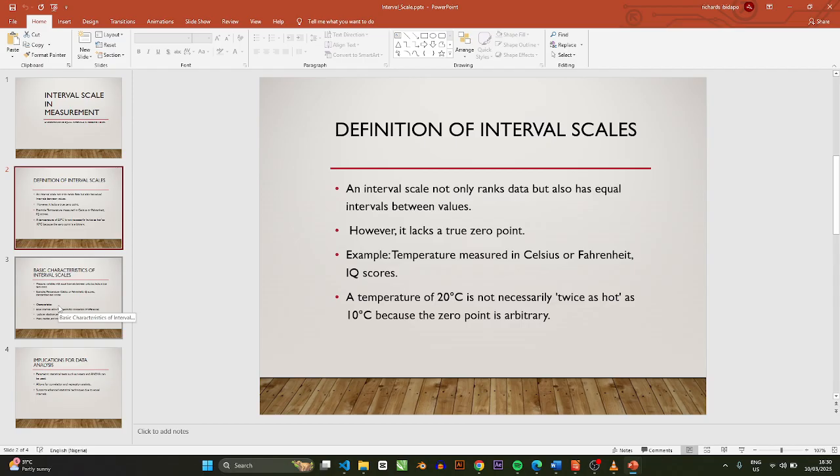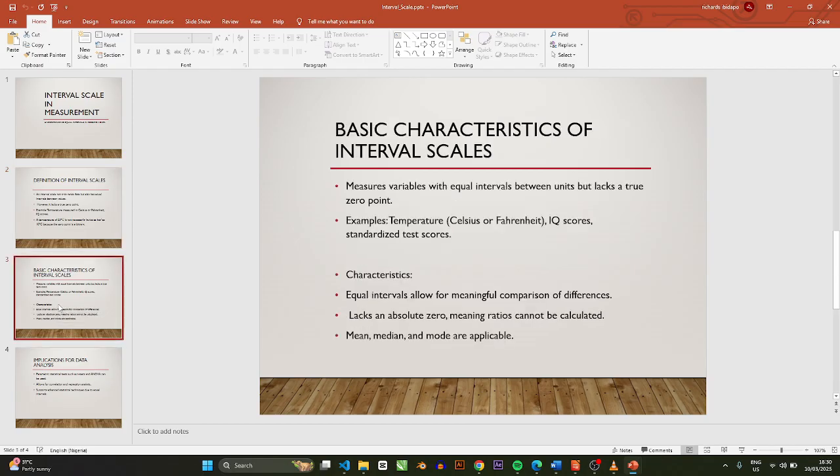Now let us move on to the basic characteristics of interval scales. One of the basic characteristics is that it measures variables with equal intervals. Like I stated before, some examples of variables that we can measure using interval scale are temperature, IQ scores, standardized test scores, and so on and so forth.